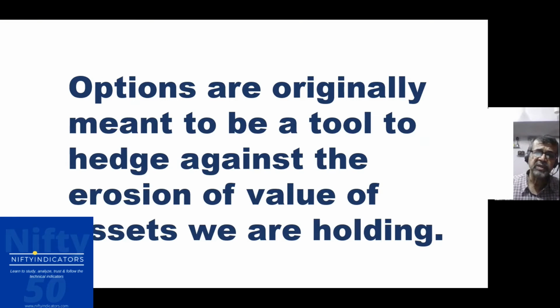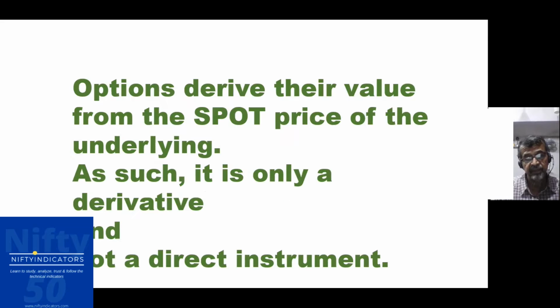Options are originally meant to be a tool to hedge against the erosion of value of assets we are holding. Options derive their value from the spot price of the underlying, in this case Nifty. As such, it is only a derivative and not a direct instrument like a stock.